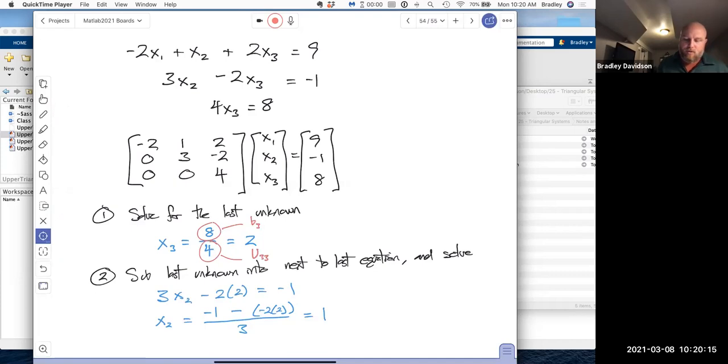Let's keep going here. For x2, we've got our -1. This -1 came from this position, which is B2. And our 3 came from our U23 position, U sub 23.